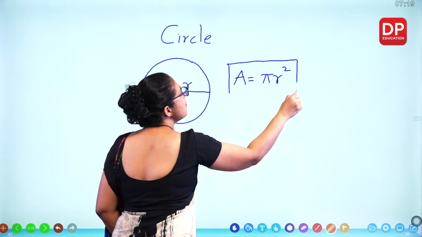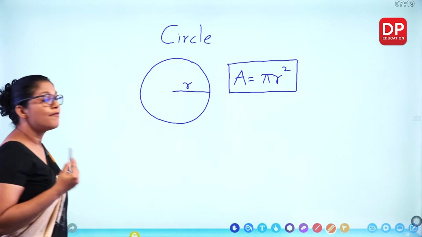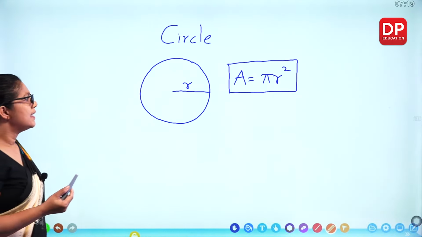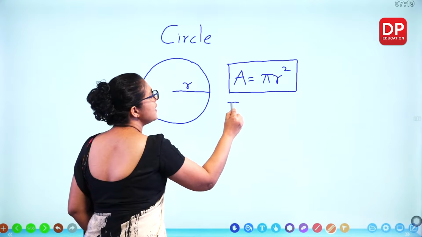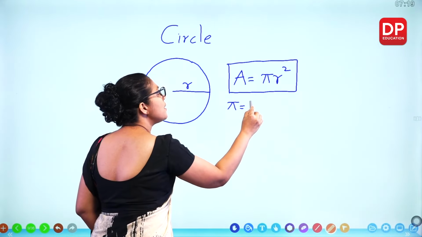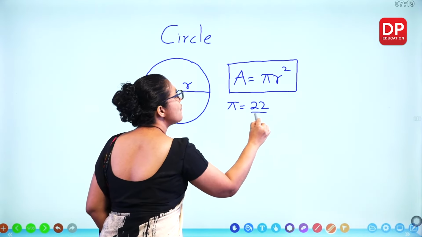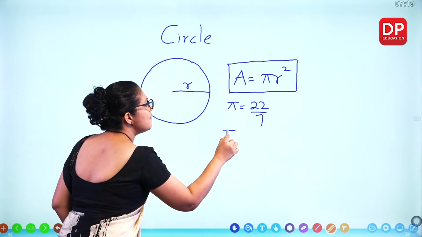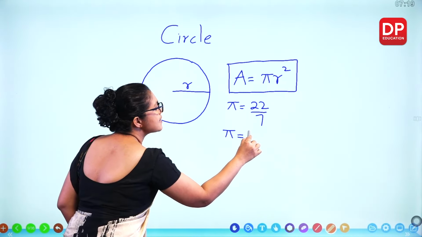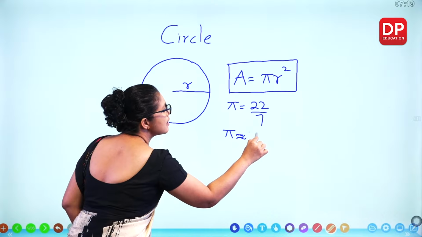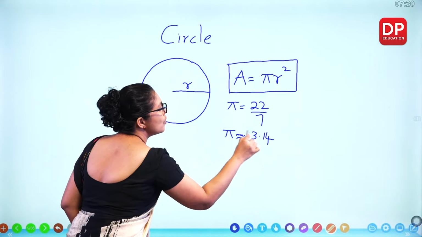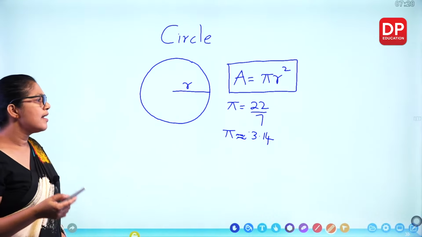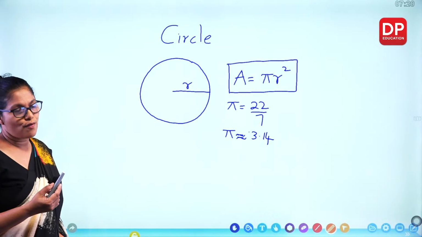You can memorize this formula and find the area of a circle. And what is the pi value? The pi value we can take as 22/7, or sometimes they will give you the pi value as 3.14. So depending on the question, you can take either 22/7 or 3.14.